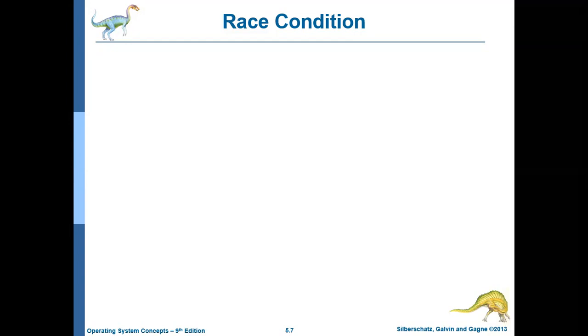We are discussing process synchronization. In the last lecture, we discussed that if multiple processes were allowed to access a shared data variable concurrently, it will lead to a problem called data inconsistency.